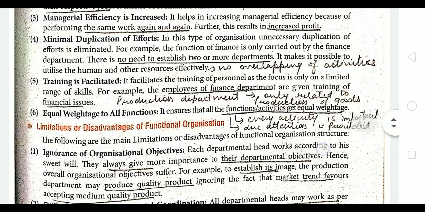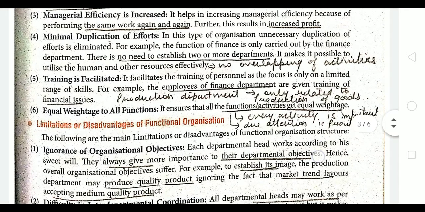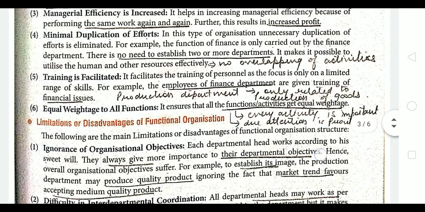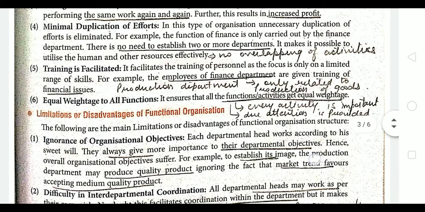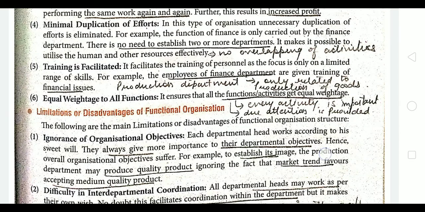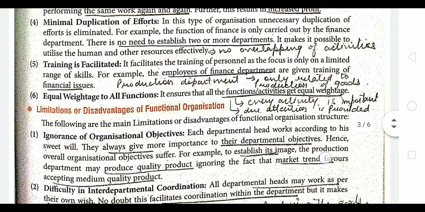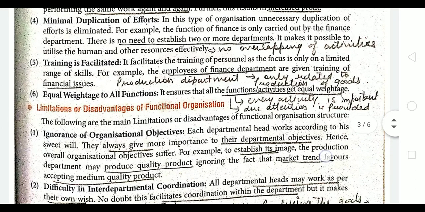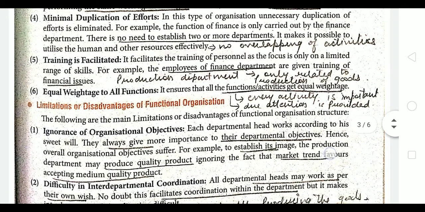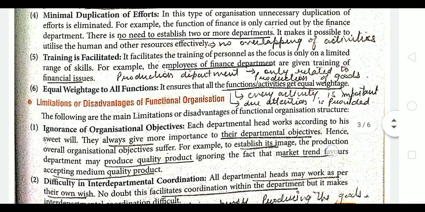So unnecessary duplication of efforts is eliminated. For example, the function of finance is only carried out by the finance department. So we need not establish two or more departments for the same. So it makes it possible to utilize the human and other resources effectively.